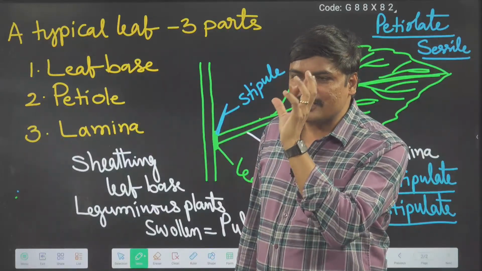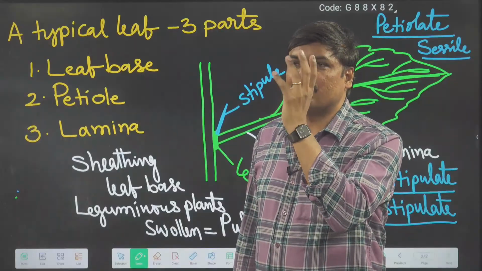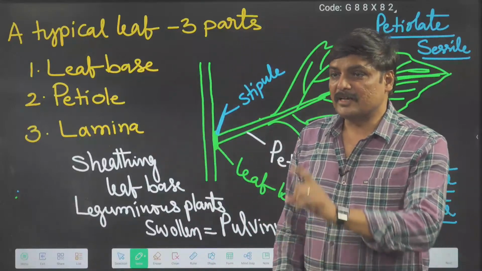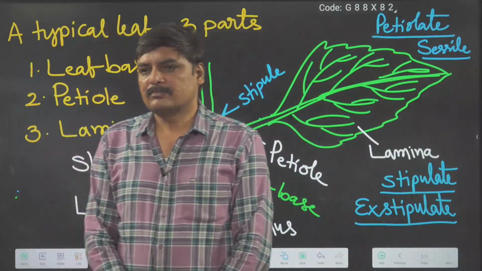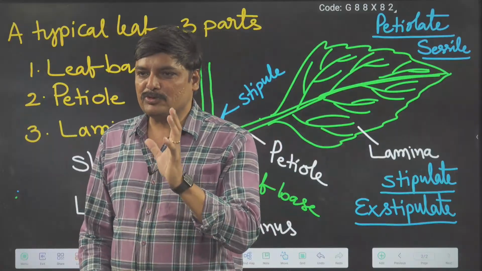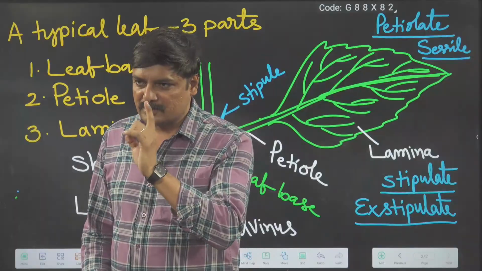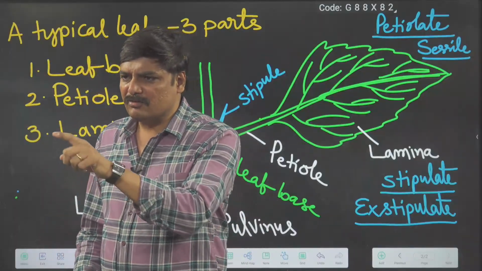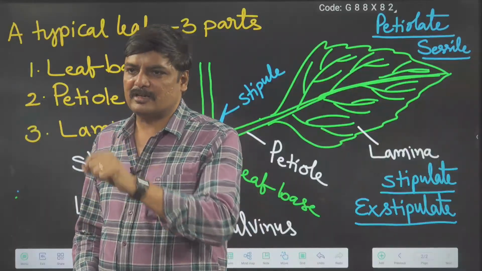Petiole exposes the lamina to sunlight for carrying out photosynthesis. That is one important function of the petiole. Second one is sessile, means without petiole. A leaf without petiole is called sessile.